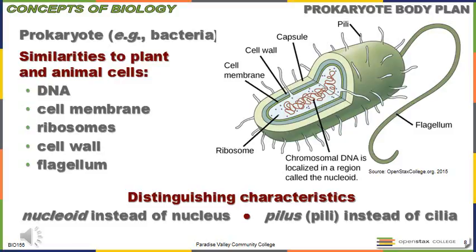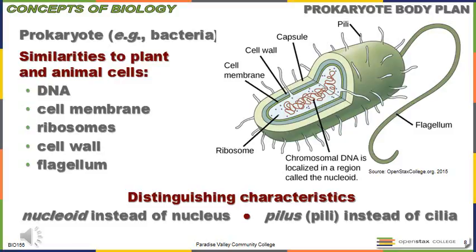Now, you'll notice at the bottom the distinguishing characteristics for prokaryotes are the nucleoid and the pili. Eukaryotes have cilia instead of pili, and they look almost identical. But yet, you'll notice on the upper left that we have similarities to plant and animal cells. Plant and animal cells are types of eukaryotes, and so across the domains, these structures have some similarities. They both have DNA.